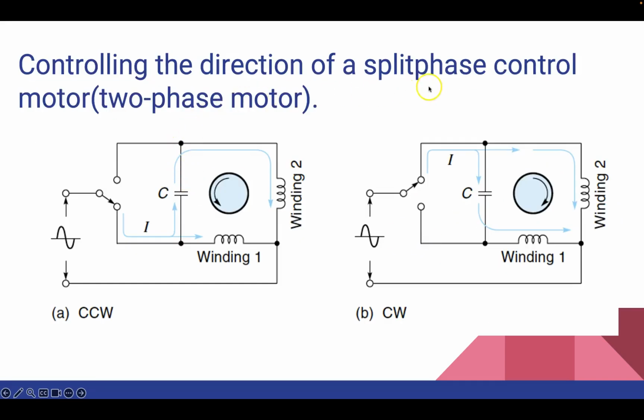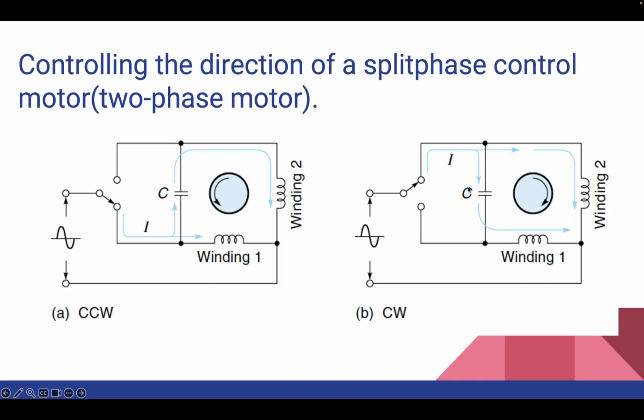Now here is the controlling direction of the split phase control motor. The capacitor causes the current in winding 2, as you can see here. When the switch is connected, the current will flow through the capacitor and through winding 2, and leads the line current in winding 1 by almost 90 degrees. To change the direction of the rotation, the capacitor must be able to switch so that it is in series with the other winding.